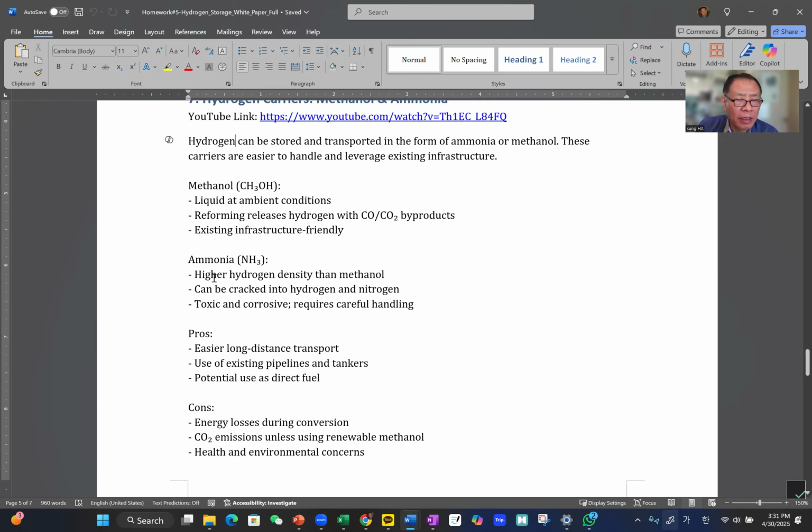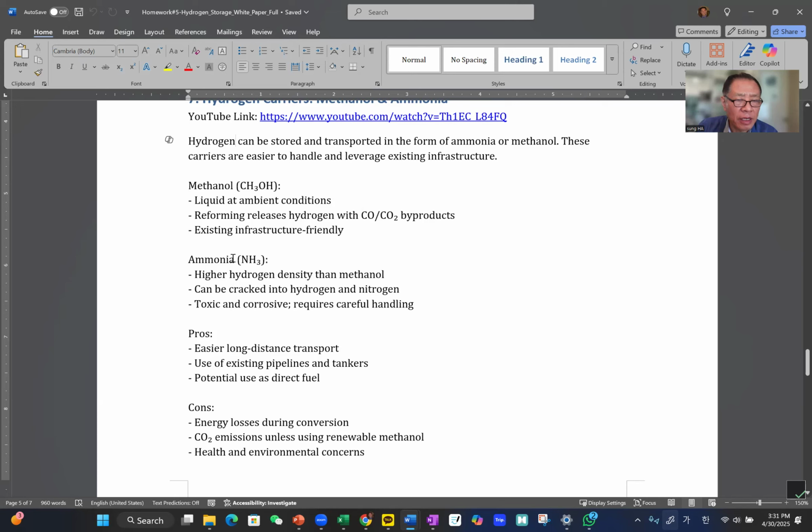Ammonia is certainly one of a very excellent methods, with higher hydrogen density than methanol. It can be cracked, we call it cracking, into hydrogen and nitrogen. As you can see, here is the nitrogen and hydrogen.